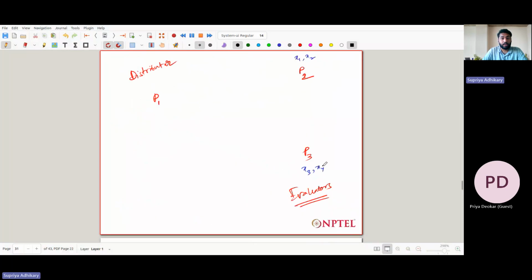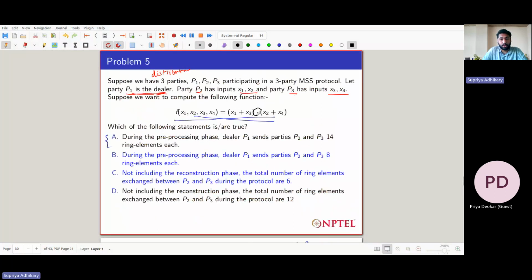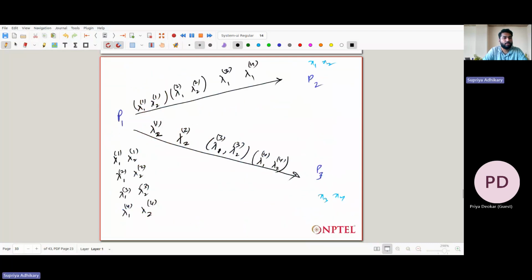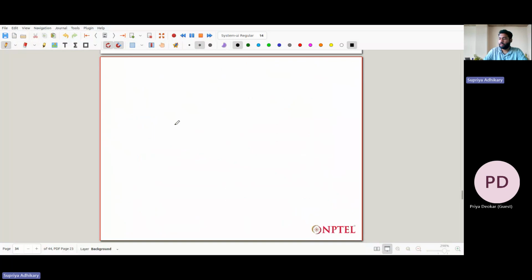But we also require some preprocessing data for multiplication. So now let's look at the multiplication briefly. Suppose in the multiplication phase, we have P1, P2, P3. P1 is the dealer over here, the distributor, and P2, P3 are the evaluators.